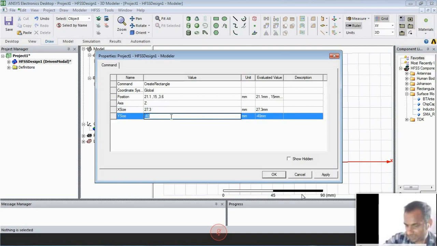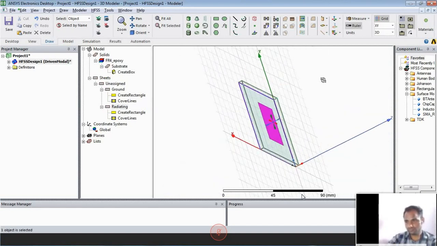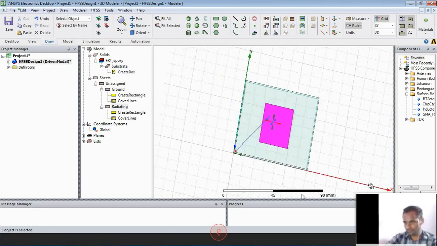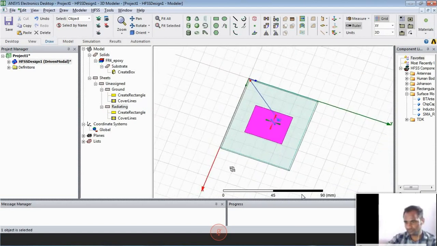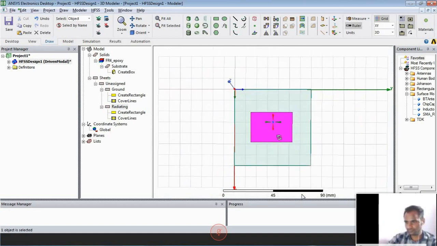Then my width of the substrate is 38 mm. So I am placing my radiating layer at the middle of the square patch.